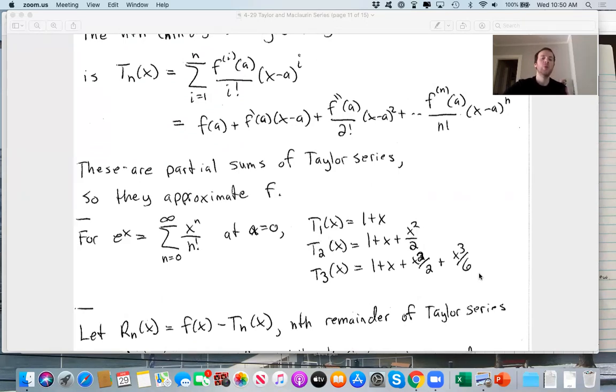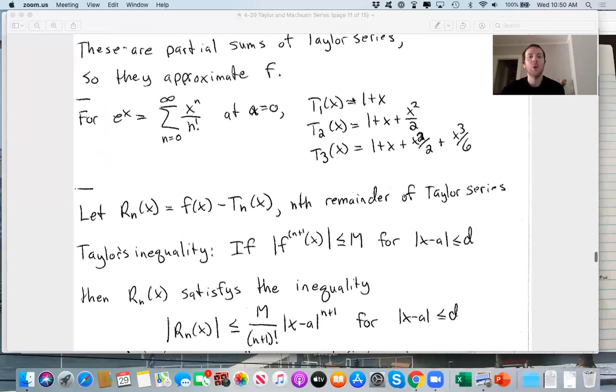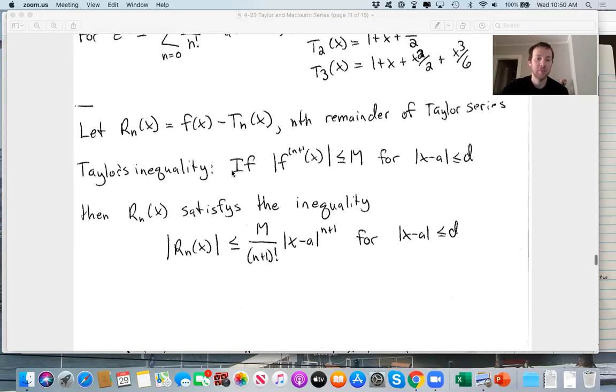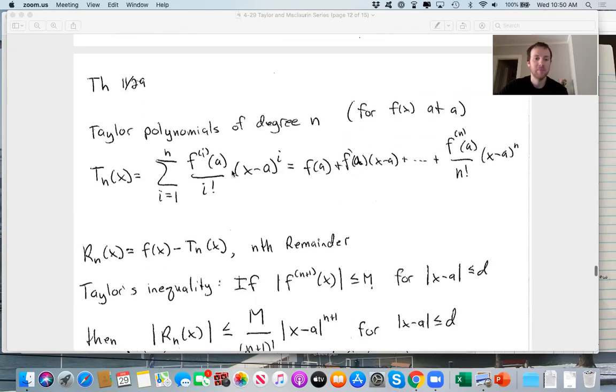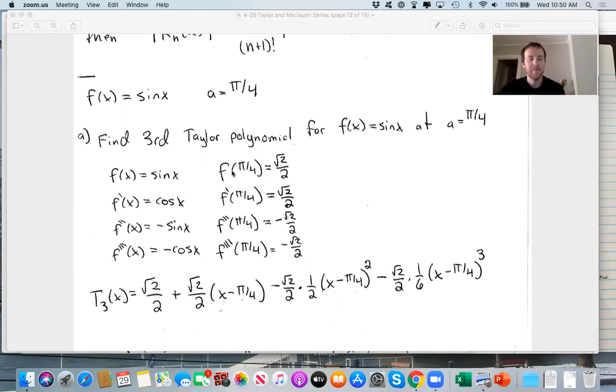What we won't talk about is that there's an inequality for how good these polynomials approximate your function. So we won't worry about that, but a problem we could look at would be, say, here's a function, find its Taylor polynomials at a certain point.